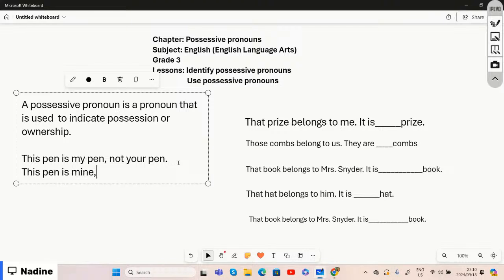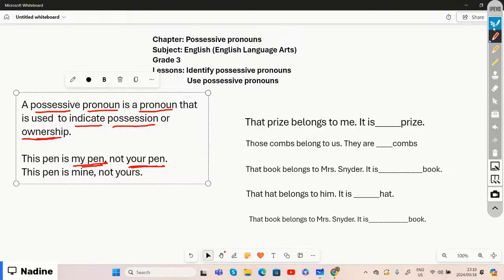So the pen is mine, not yours. Which means that if we say this pen is my pen, not your pen, then we can say this pen is mine, not yours. And that is possessive pronouns.